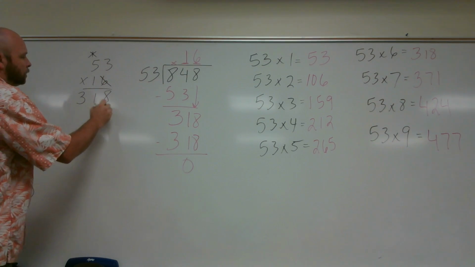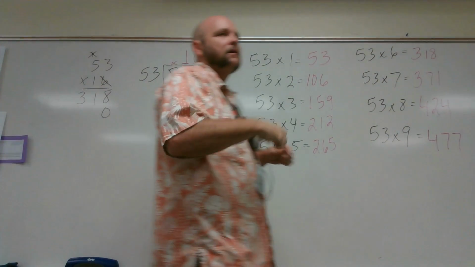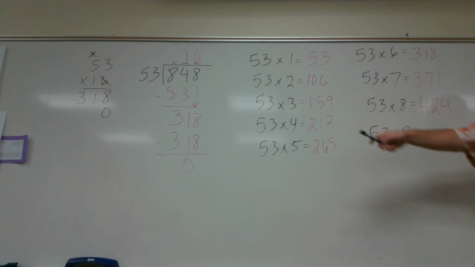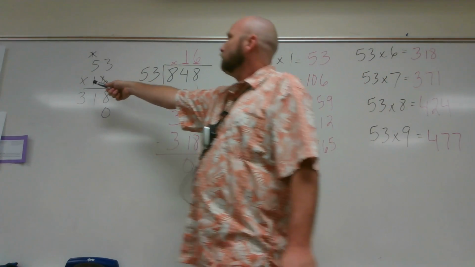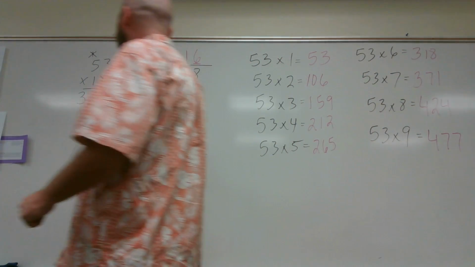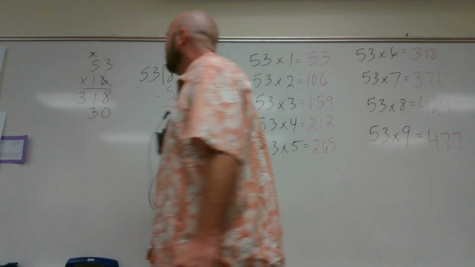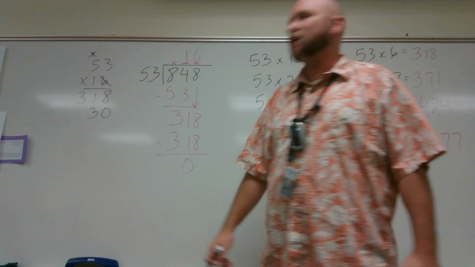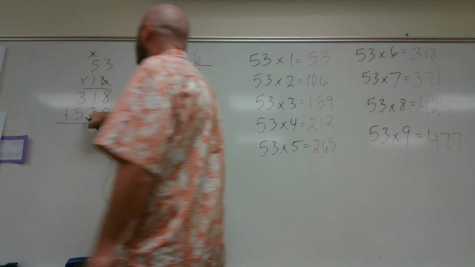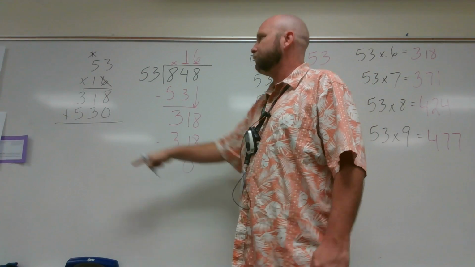Since I'm going over to my tens place, my next multiplication is going to tell me how many tens I have. So this needs to be in the tens place. What is 1 times 3? 3. What is 1 times 5? 5. And notice I have 53 there.